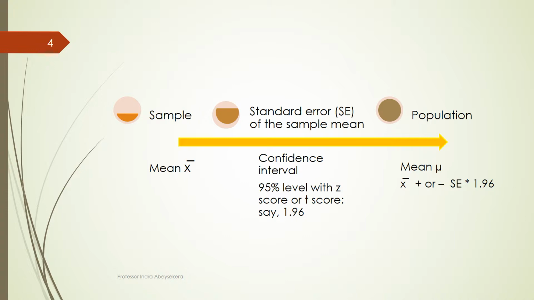Because the error increases, the imprecision increases. When the sample size is larger, it becomes more representative of the population, the precision of estimation of the population mean increases. That means the standard error of the sample mean decreases.